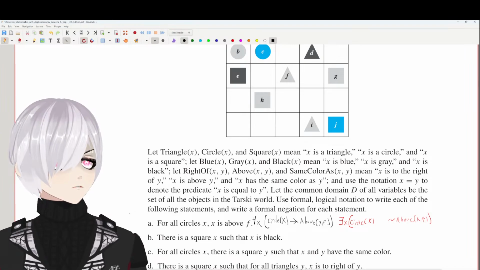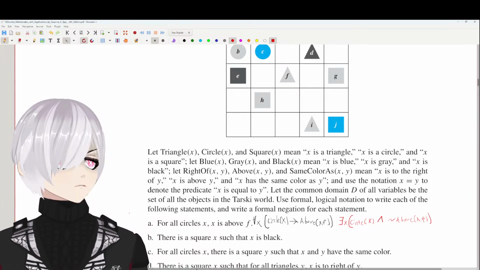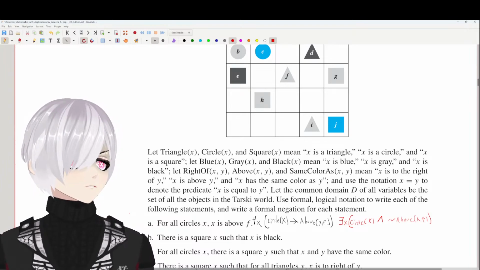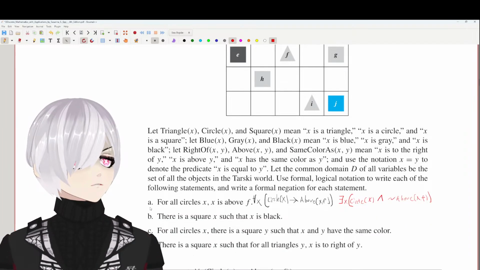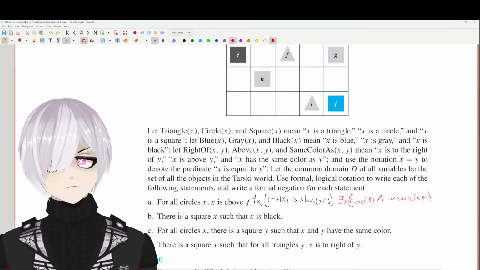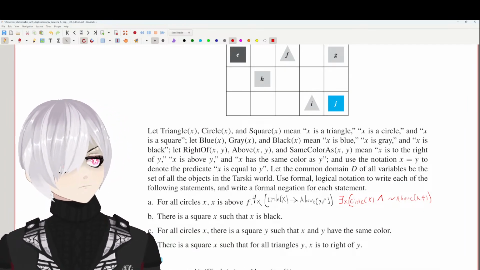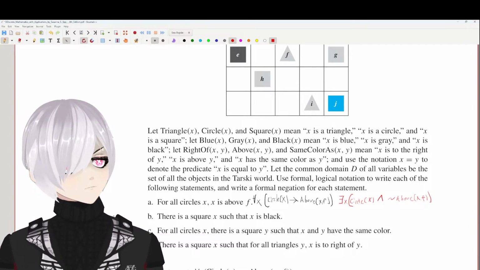And in fact, you would get the same result if you had for all x in C, Above(x, f), because then you would have there exists an x in C such that not Above(x, f), which would be equivalent to there exists an x such that Circle(x) and not Above(x, f). Say that one more time. So you would have gotten the same result if you used the earlier convention, if it had instead been for all x in C, x is above f.